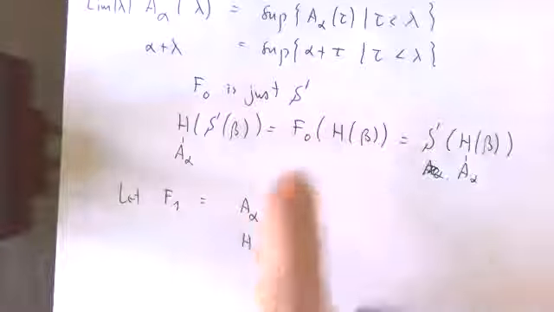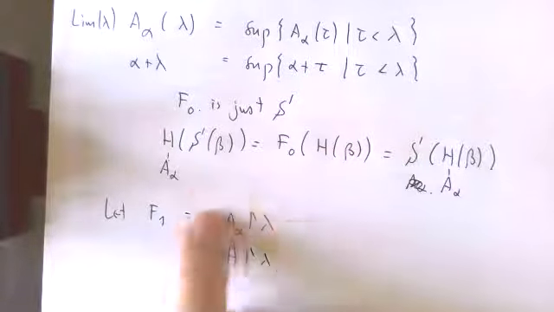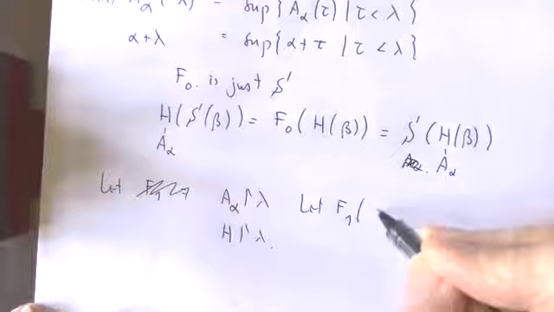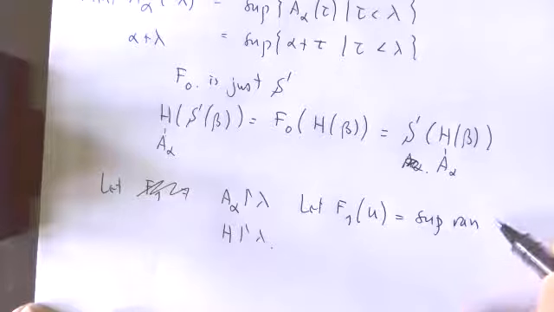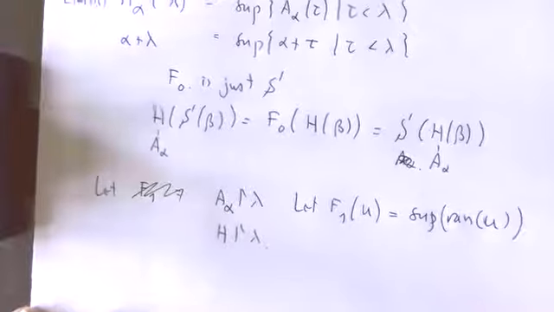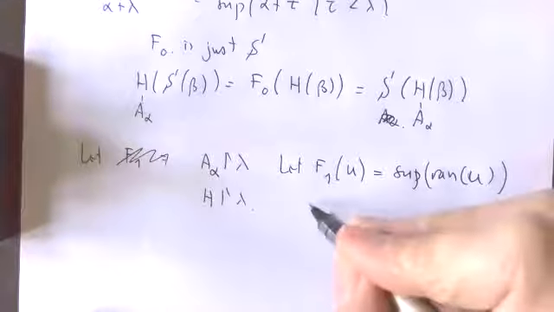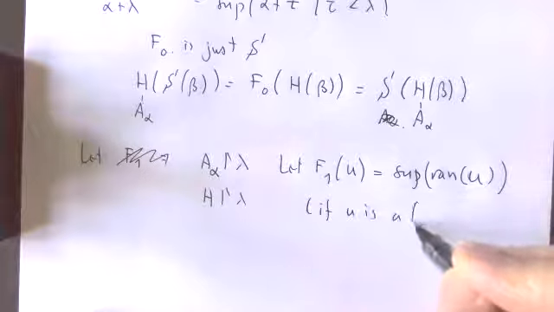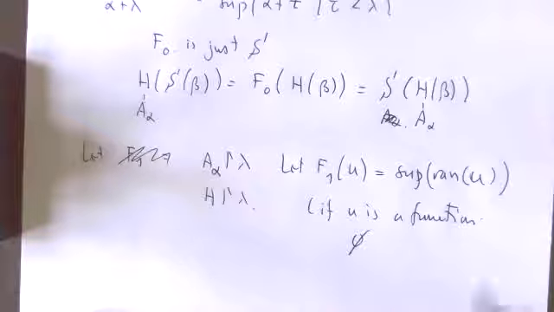I want it to be the supremum of all these alpha plus tors. So let f1 in general of a set u be the supremum of the range of u, if u is a function. I could let it be empty otherwise.